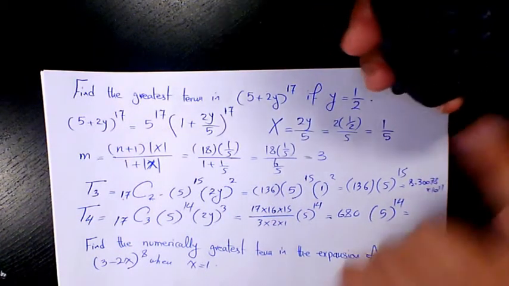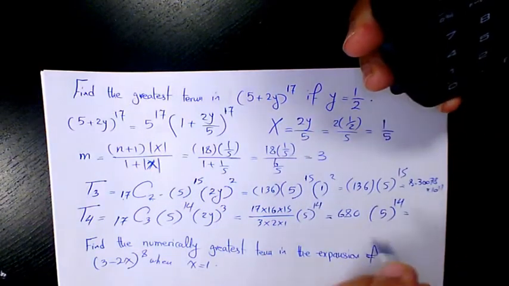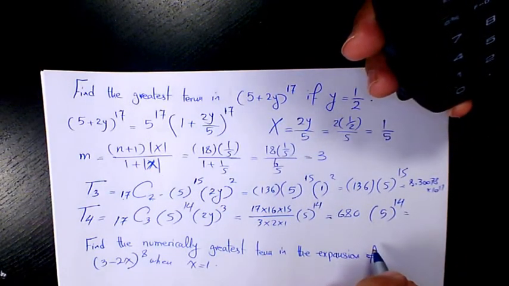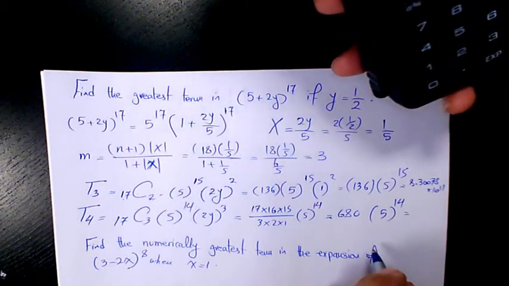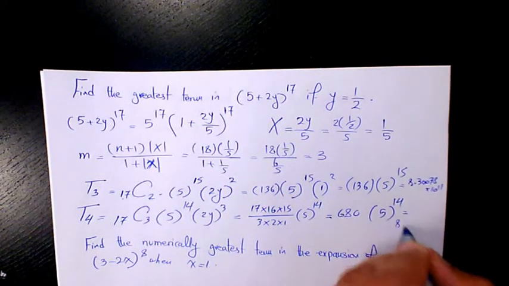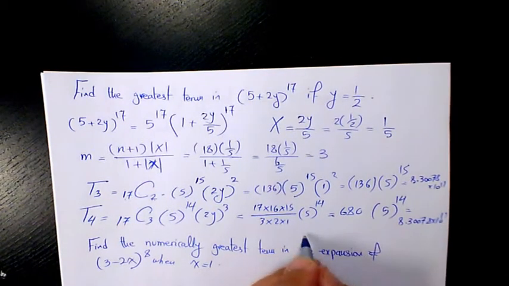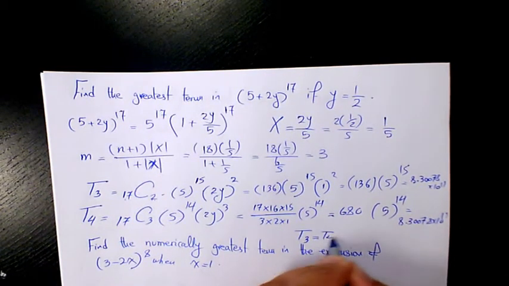And this one, 680 times 5 to the power of 14, is going to be exactly the same number, 8.30078 times 10 to the power of 11. So as you see here, T3 and T4 are the same thing.